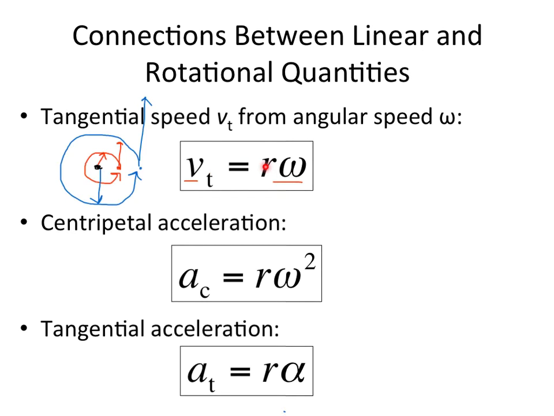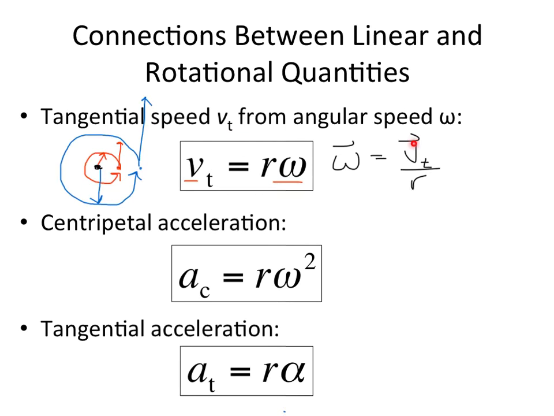So in order for me to remember that, I always think that the two English letters, the V and the R, are never directly next to each other. The r is multiplied by our omega, our angular velocity, or if we were to solve for omega, the omega would be the tangential velocity divided by the radius. But the two English letters, V and R, are never directly next to each other.